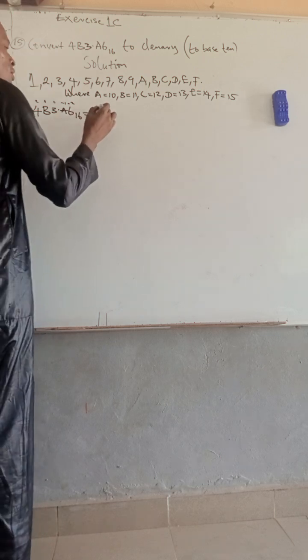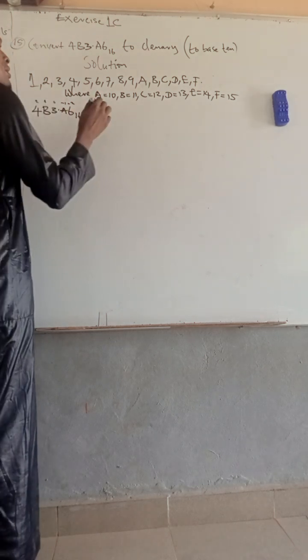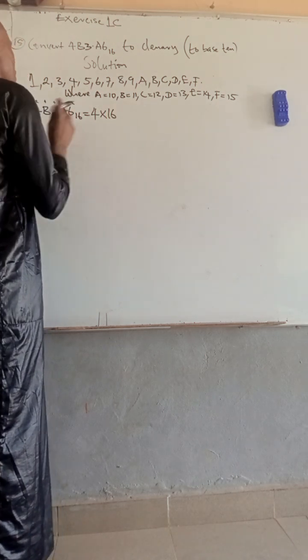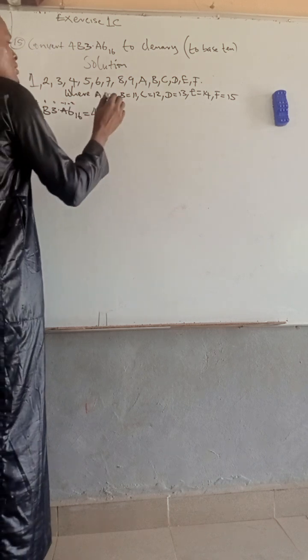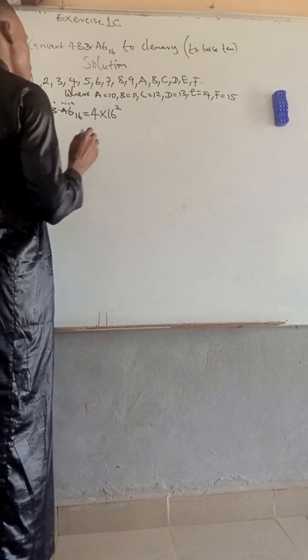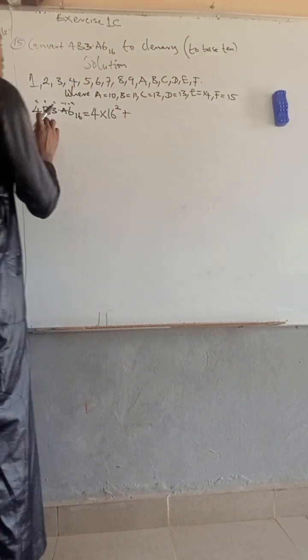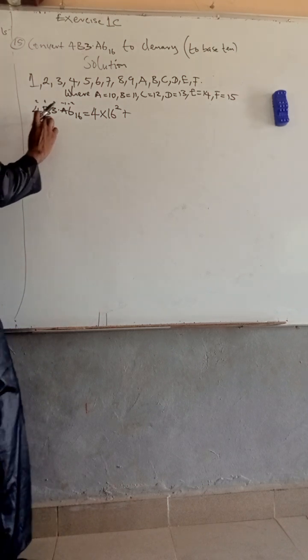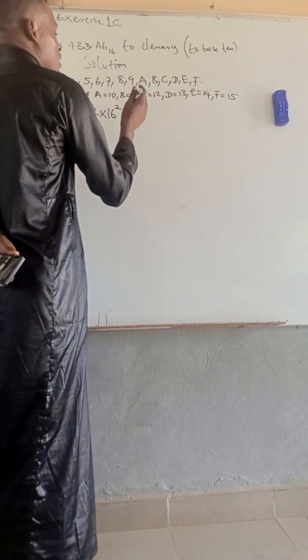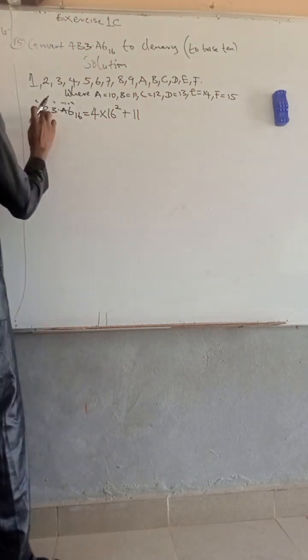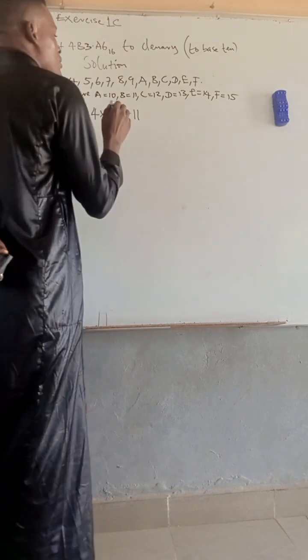So we have 4 as the first digit, multiplied by the base, which is 16, to power 2, plus the next one is B, and B on the board here is 11. B on the board is 11.